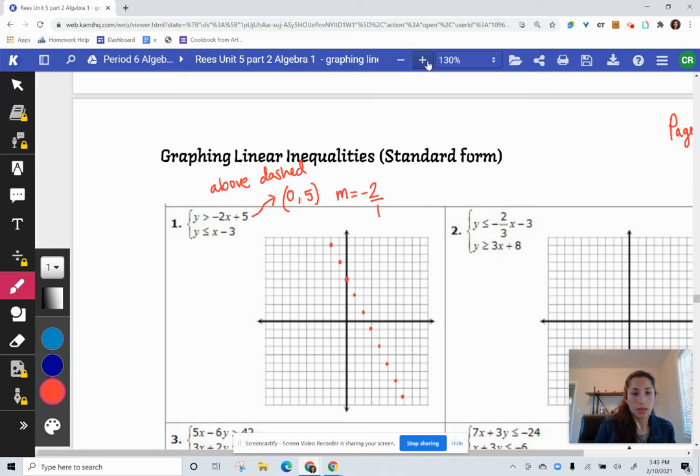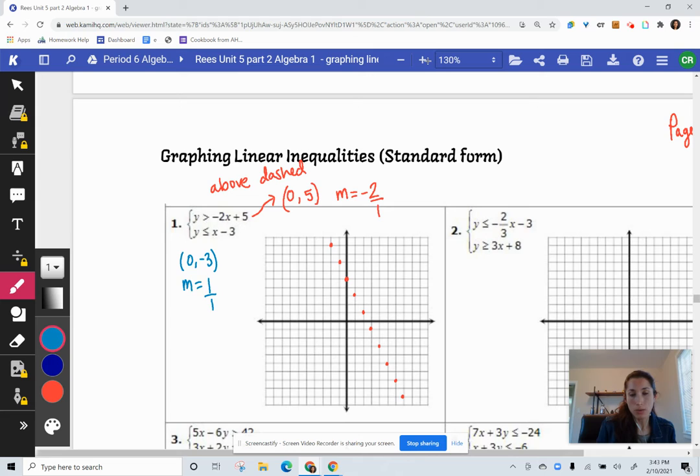Okay, now our other inequality, we have our b value of -3, which means we have a y-intercept of (0, -3). Our slope is the coefficient of x, which is going to be 1 in this case, because there's no number there. We can imagine that there's a 1. That would be 1/1, and that's positive.